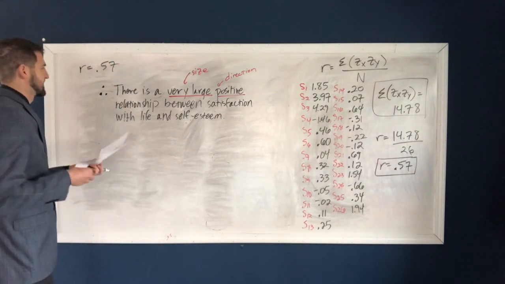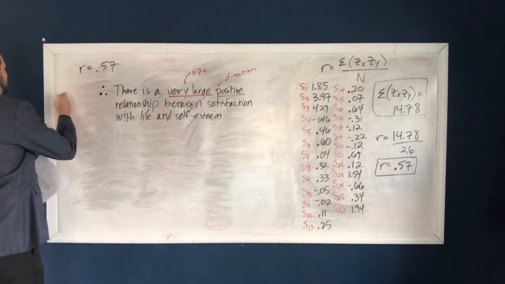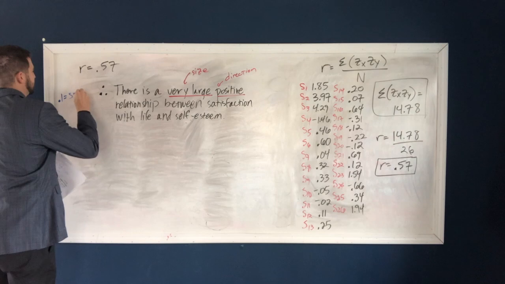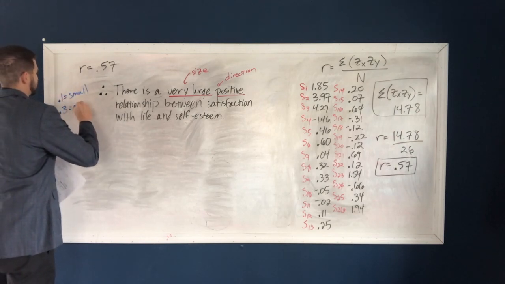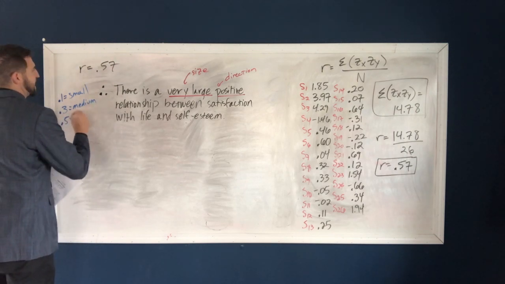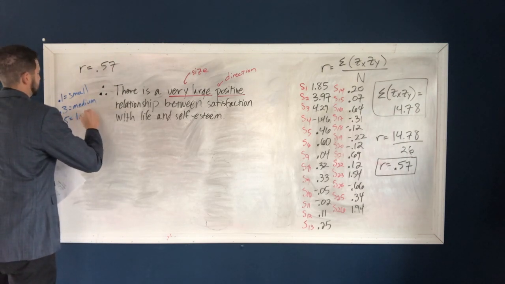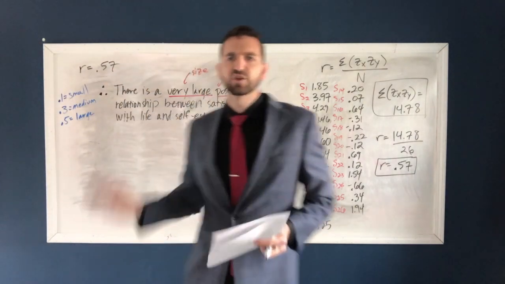Now, how do we determine size? Well, there's some standard cutoffs. 0.1 is considered a small correlation. 0.3 is a medium correlation, and 0.5 is a large correlation. So these are the guidelines.